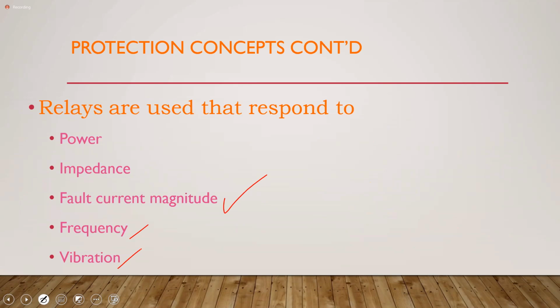So I want to limit the current that goes through the generator coils. But at the same time, I need a current large enough that will operate the relays. All right? Because remember, we want to ensure that we operate quickly. Very important.